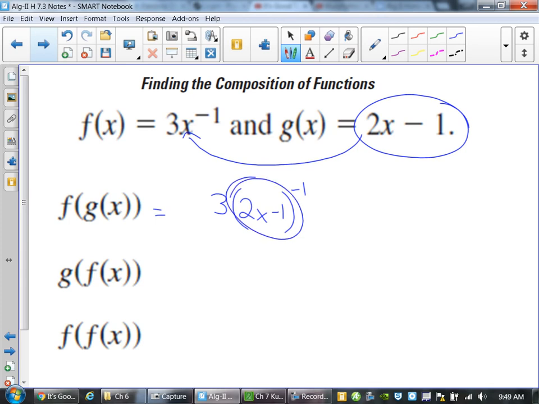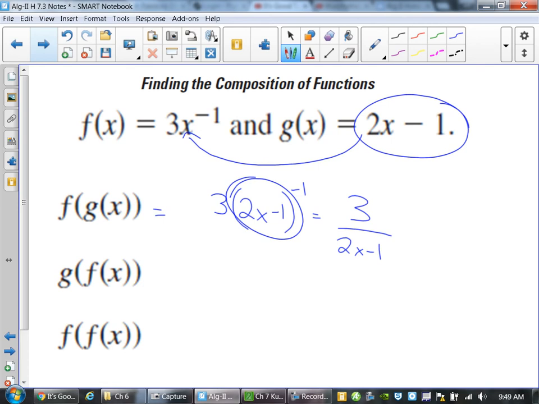This part is what's not happy. The stuff in the parentheses is not happy. You cannot distribute into that because it's got a negative 1 power. You're going to make it happy before you move anything around.